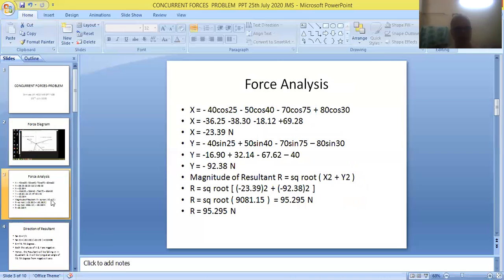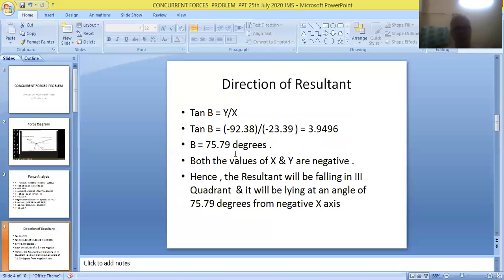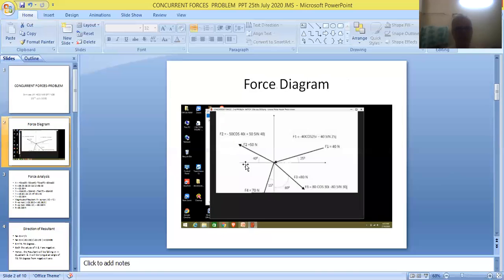So magnitude of resultant is obtained as 95.295 newtons, and the direction of resultant denoted by theta, expressed in terms of degrees, is obtained as 75.79 degrees.